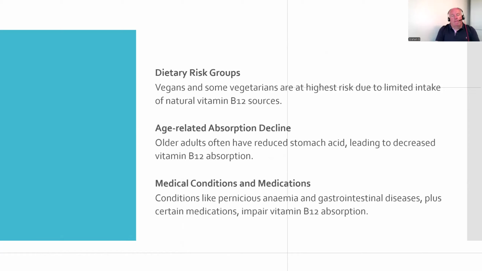And lots of medical conditions and medication, for example bariatric surgery or gastric sleeves, dysphagia, so swallowing problems, and a commonly used drug in diabetes called metformin, could all interact with B12 absorption. There's also an autoimmune condition called pernicious anemia, which we'll talk about in a minute.